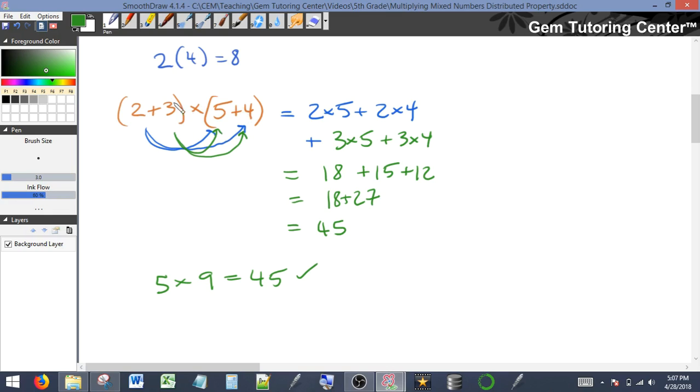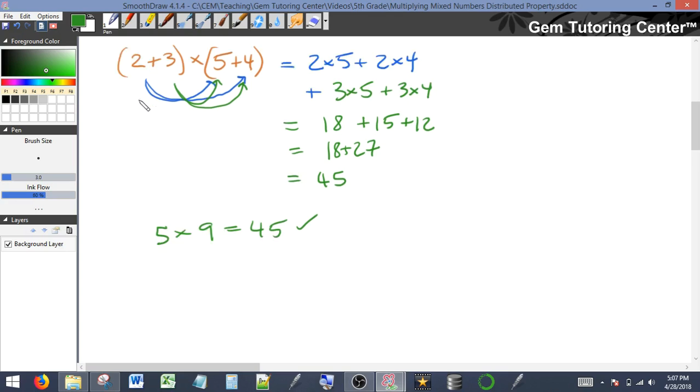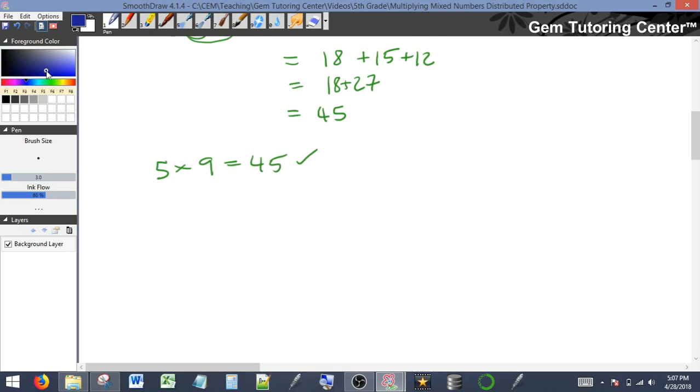So the reason why I told you this is that when we multiply mixed numbers using the distributive property method, we actually have two items getting multiplied with two items. So let me show you how that is true. Let me give you an example. Let's say we want to multiply 1 1/2 with 2 3/4.